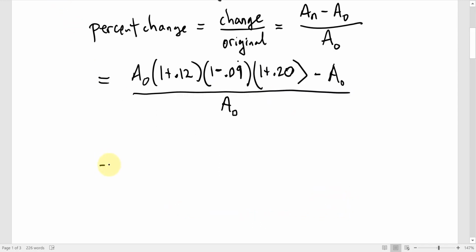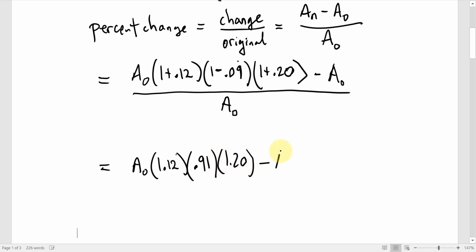So in order to find the percent change, I have A0 times 1.12 times 0.91 times 1.20, minus the initial amount, everything divided by the initial amount.